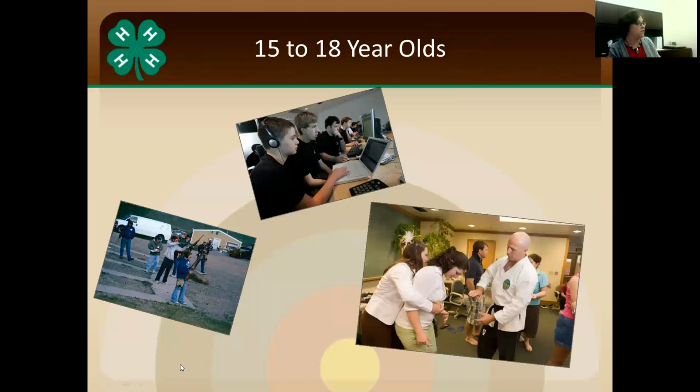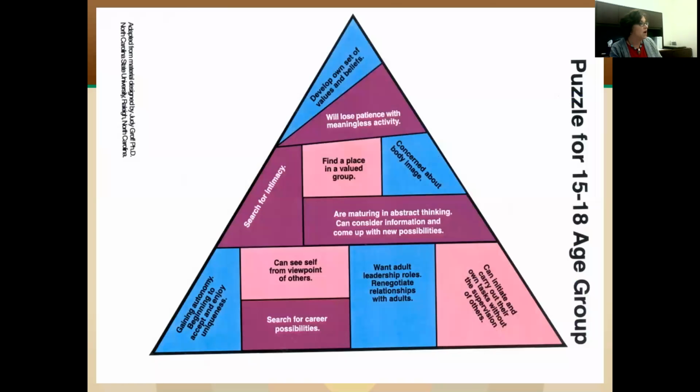And then we have our 15 to 18-year-olds. This is really where they develop their own sets of values and beliefs. I love that when you start seeing them become a person. It's so fun when they're little and all of a sudden you realize, hey, I've got this person here instead of this baby.